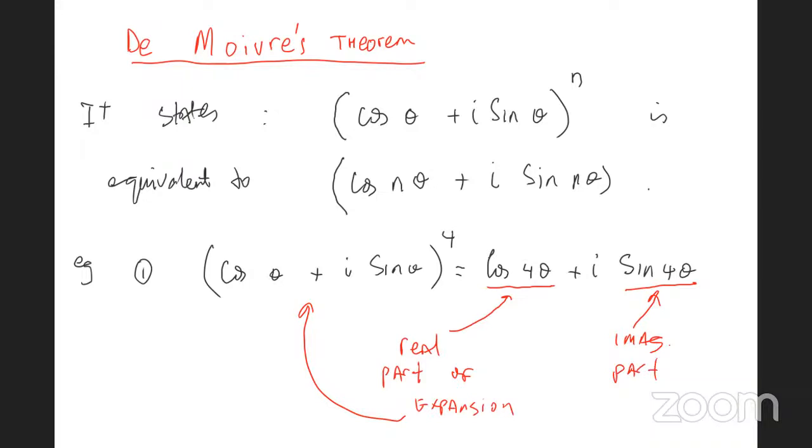So as I was showing you before, you're going to have to expand it. So for example, if I say, use De Moivre's theorem to find cos 4 theta, then this is what you have to do: expand and work it out. All right, screenshots or write it down quick.